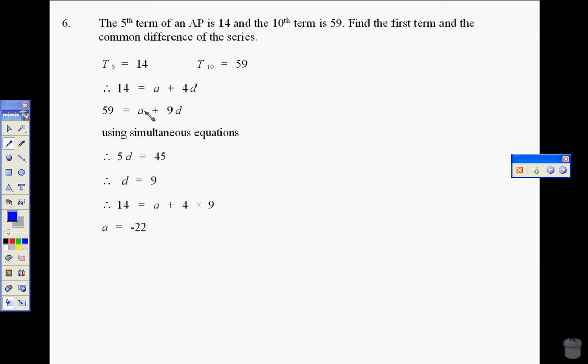We can say 9d minus 4d would give us 5d. 59 minus 14 gives us 45. That allows us to find d, which is 9. And if d is equal to 9, we can substitute it back into this equation. d is 9. We've substituted there. And then we've just got an equation with a, which we can solve to get minus 22. And there we have it.